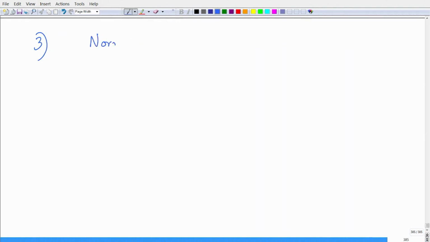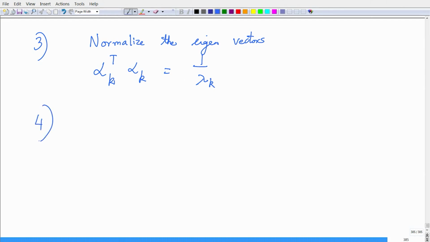Then normalize the eigenvectors: alpha_k transposed alpha_k is 1 upon lambda_k. Now, you can arrange the eigenvalues in the descending order and stack the eigenvectors linked to these eigenvalues in the corresponding way.